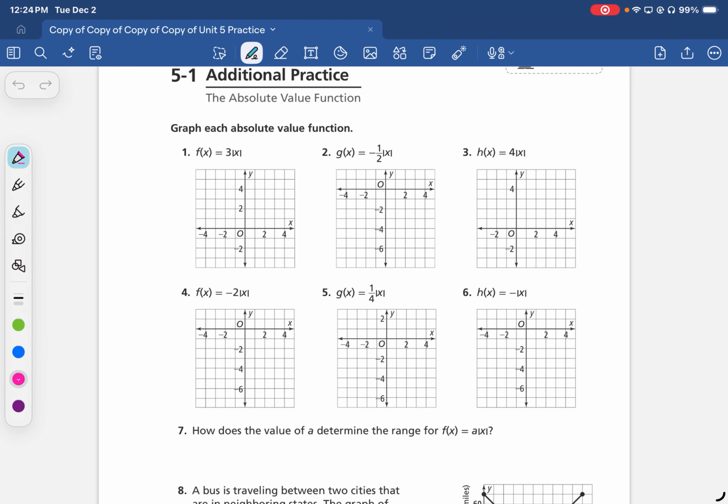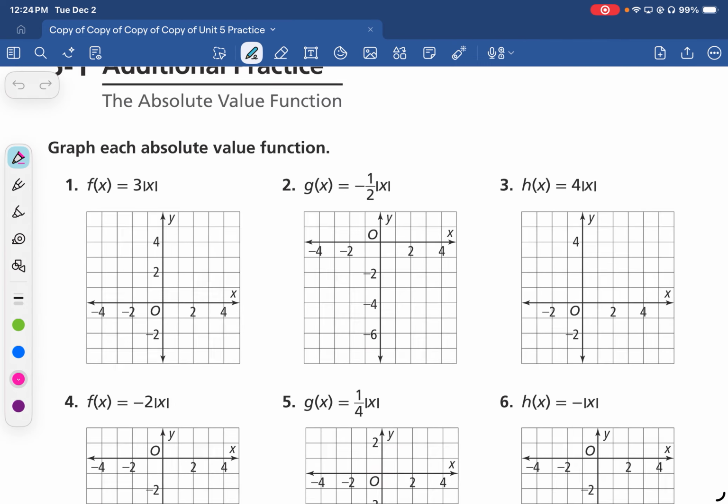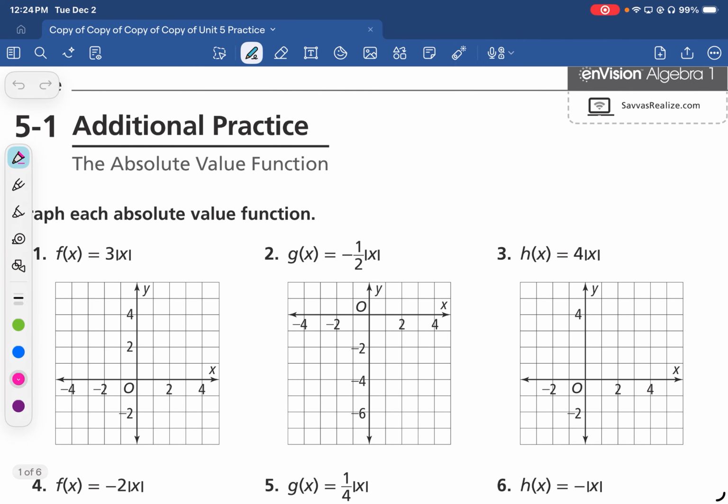Okay, so we're going to put a point at 0, 0. But negative 1/2 is our A. So what does that mean we need to do for the slope of the sides? Do we need to go up 1 or down 1 because it's negative? So down 1 over 2, down 1 over 2. Draw our graph, and we have our absolute value function. Okay, so that is what we're going to do for questions 1 through 6. Do we have any questions on those?